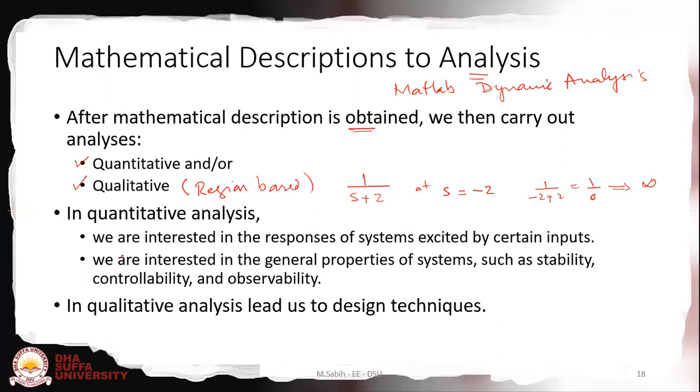In quantitative analysis, we are interested in the responses of systems excited by certain inputs. Certain inputs may be the step, sine, impulse and others. And we are interested in the general properties of the systems, for example, a step of 1, 2, 10 percent, how much step will keep my system stable or not, or what will be the controllability, what will be the observability. These help us lead to design techniques.